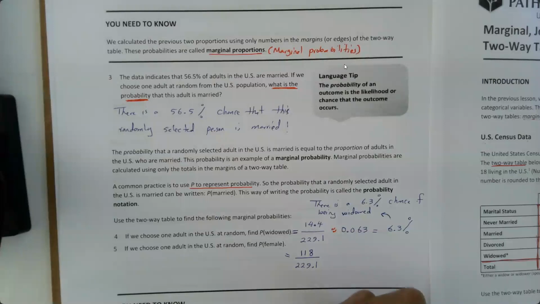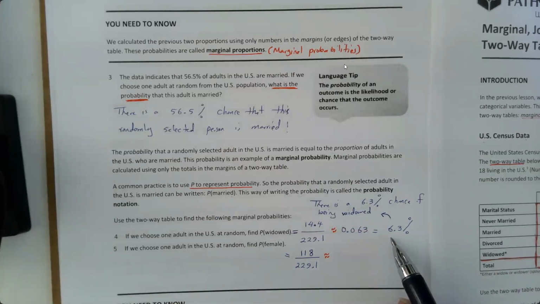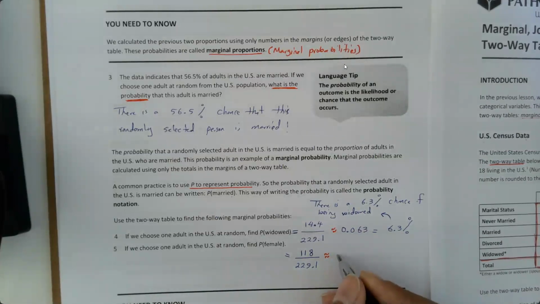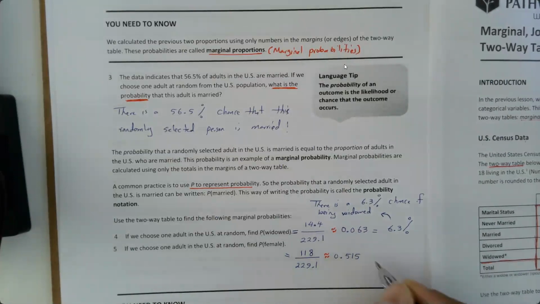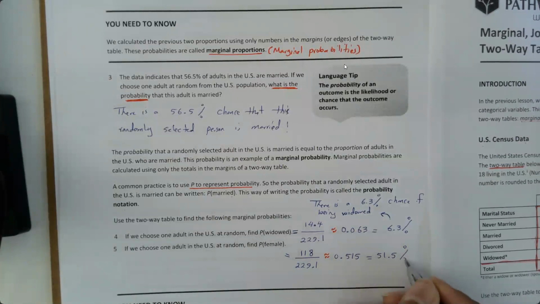As usual, we are interested in finding the decimal and converting that decimal into a percentage. Well, here we have 0.515 or 51.5%.